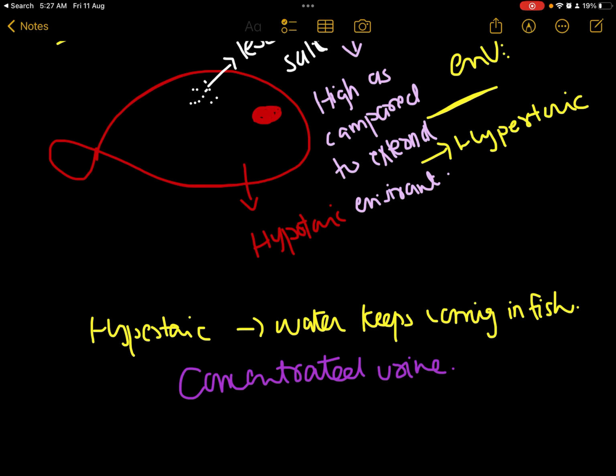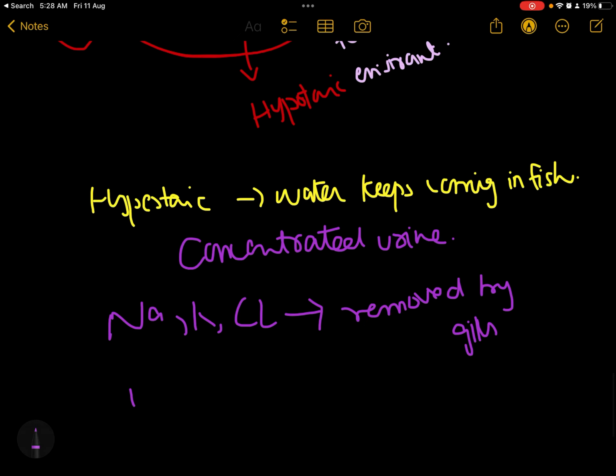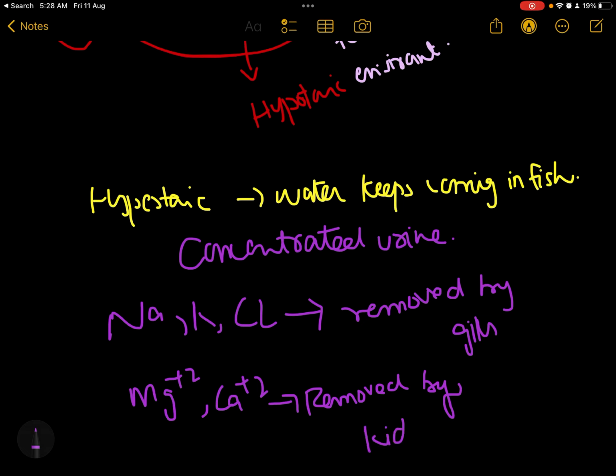Moreover, the monovalent ions like sodium, potassium and chloride are excreted by the gills, and the divalent ions like magnesium and calcium are removed by the kidney.